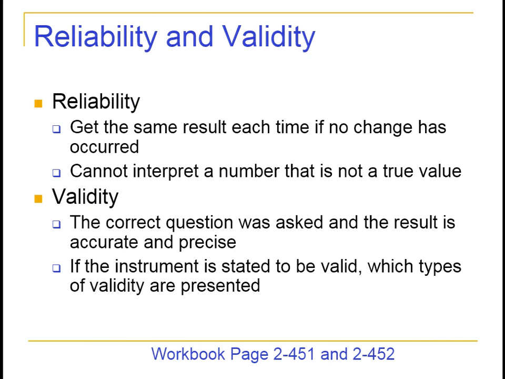And when you're looking at an instrument and the producer says it's been validated, what type of validity was used? There are multiple types: face validity, content validity, which are the easiest to measure. Construct validity, which is similar to the surrogate outcomes, such as IQ.